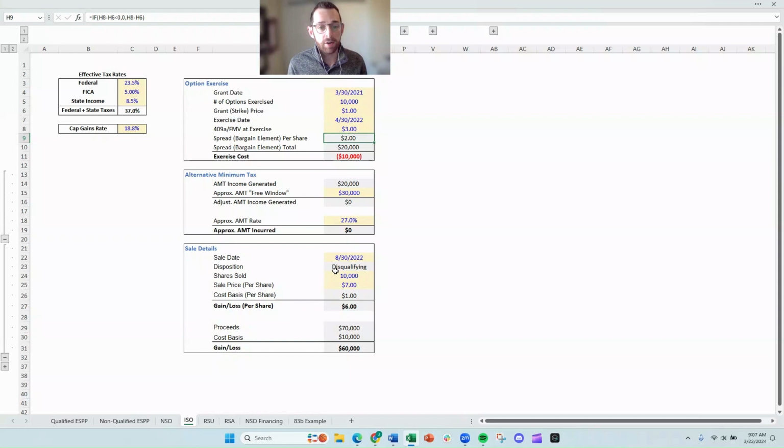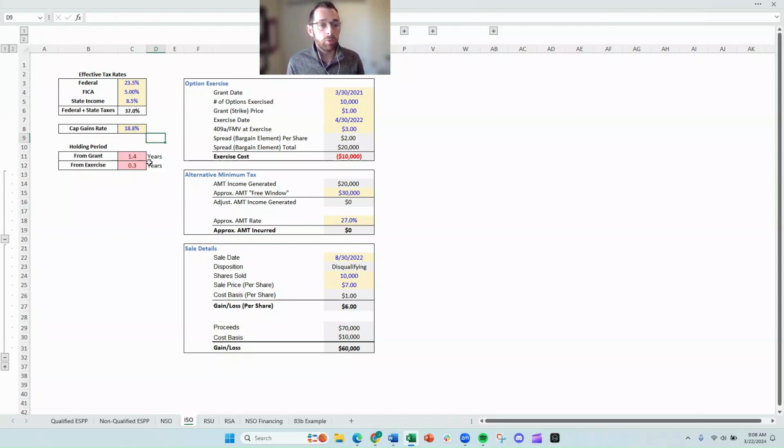Now, you'll notice here that I have listed that this is a disqualifying disposition. Remember, we talked about what a qualifying or disqualifying disposition is, and just to refresh your memory, a qualifying disposition occurs if the grant of the options occurred more than 2 years from the date of the sale, and the exercise of the options occurred more than 1 year from the date of the sale. And in this case, I'm going to show you what I've been hiding from you.